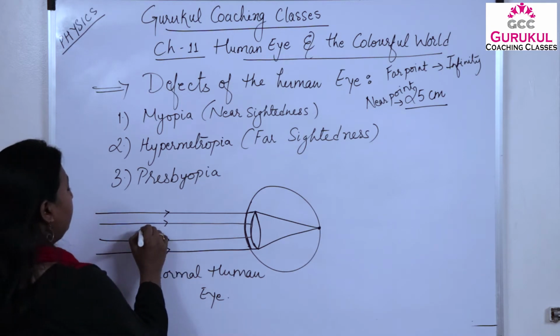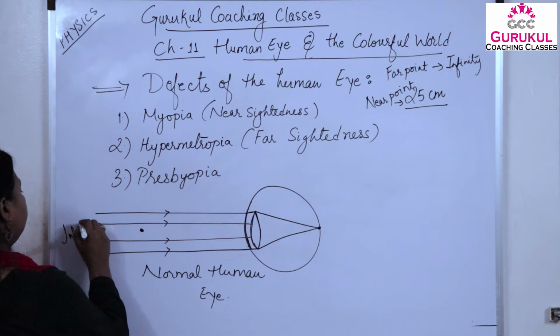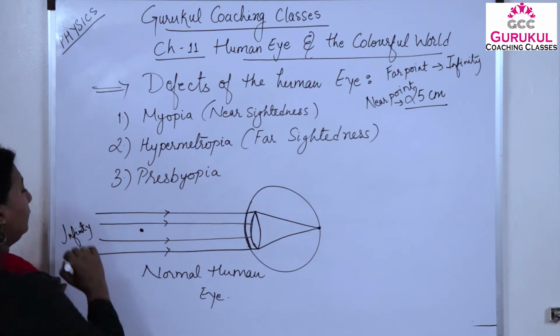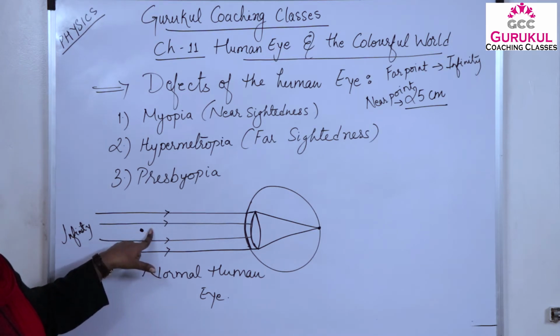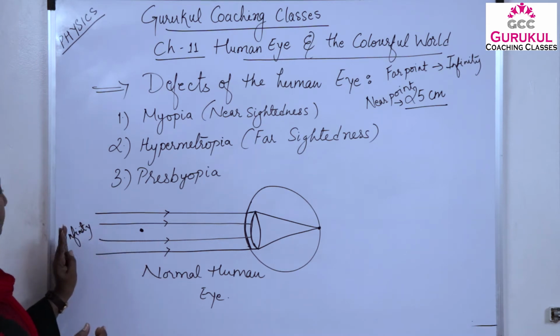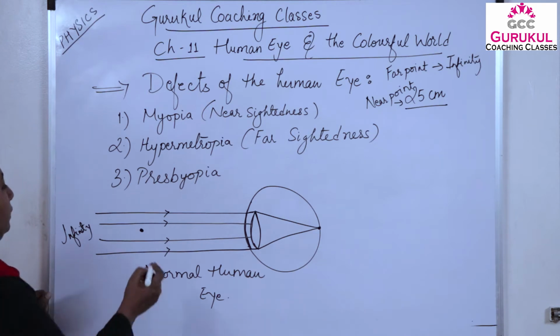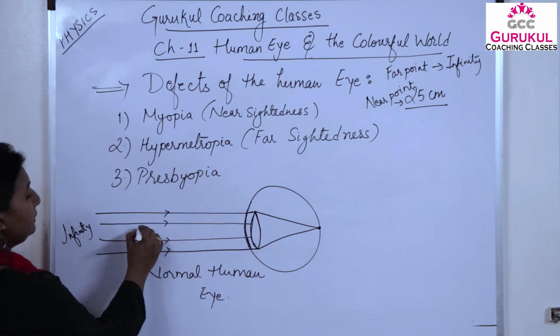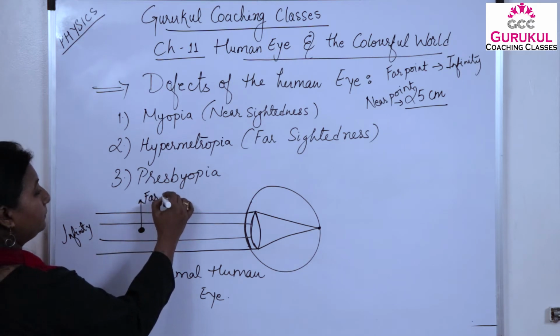So if this is infinity, then the person who is suffering from myopia will have the far point before infinity, or you can say nearer to the eye. So suppose this is the far point of the person who is suffering from myopia.